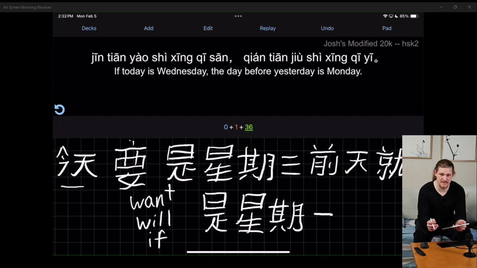So, 星期三 means, 星期 literally translates to week, right? This is a week. So, 星期三 is the third day of the week.